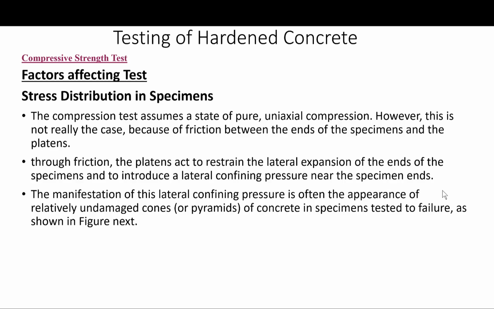The first parameter is the stress distribution in the specimens. The compression test assumes a state of pure uniaxial compression. Remember the previous discussion. But this is not really the case because of friction between the ends of the specimens and the platens. This frictional force arises because of the differences in the modulus of elasticity and Poisson's ratio of the steel and the concrete, so the lateral strain in the platens is considerably less than the lateral expansion in the ends of the specimens.